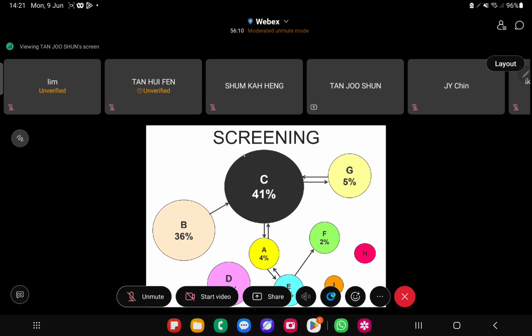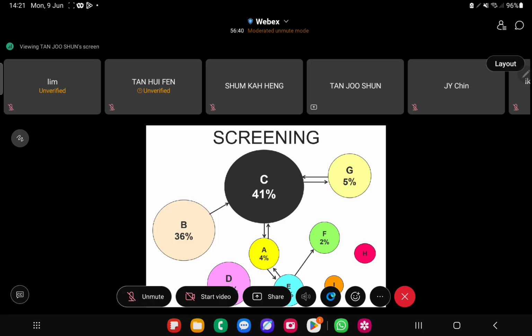So in this screening, for example, we will get C, which contributes 41% to your output. We will select B, which contributes 36%. We will use D, which contributes 10%. And you can see that some of the factors have interaction effects, where they interact with each other.